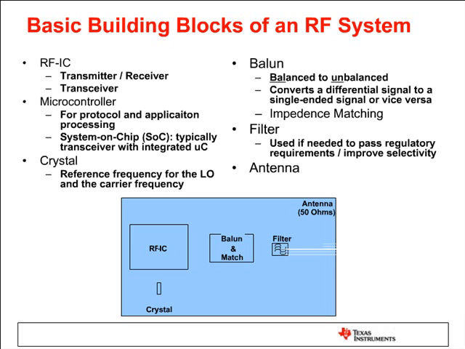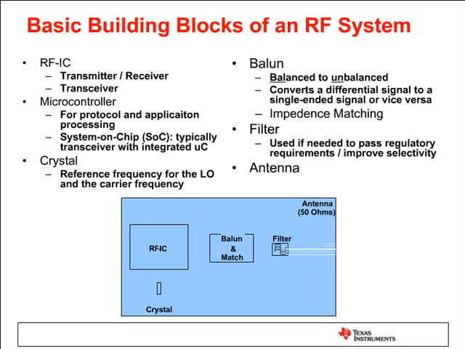And in some cases, especially for specific regulatory requirements, you're going to have some extra externals out there, a bandpass filter, to improve the selectivity, if you will, and make sure that you're not emitting or receiving in any band outside of the regulation under which you're operating.